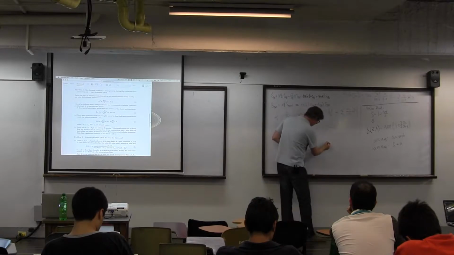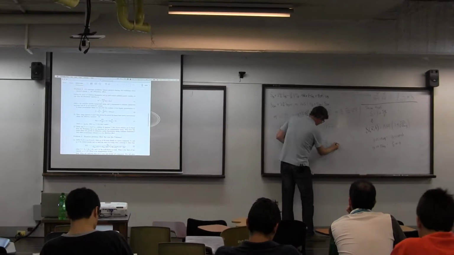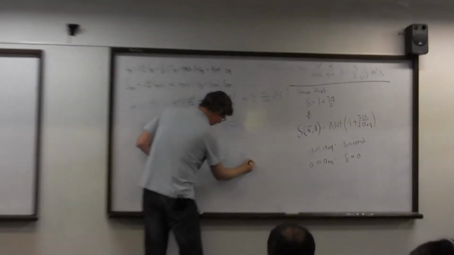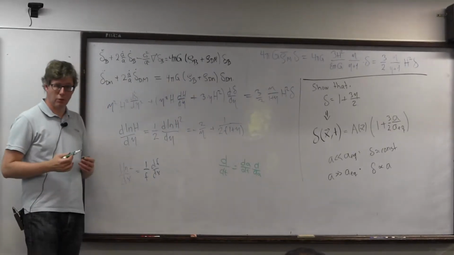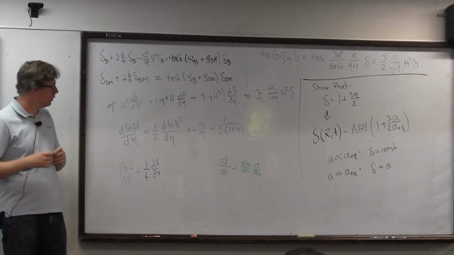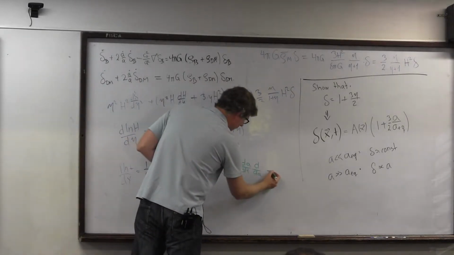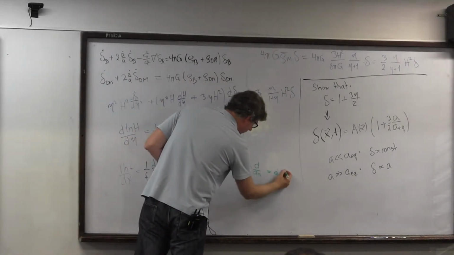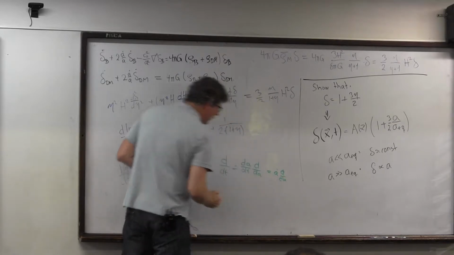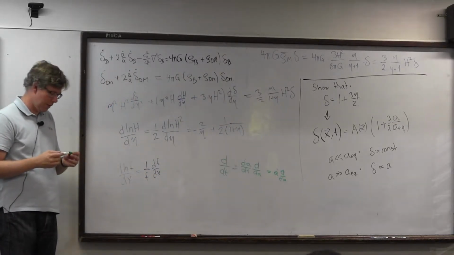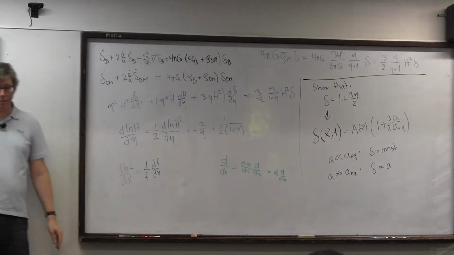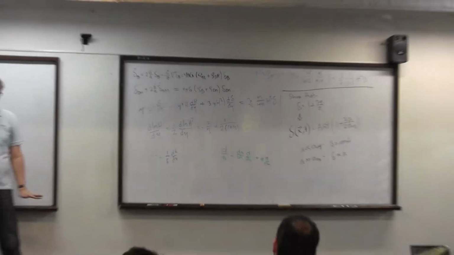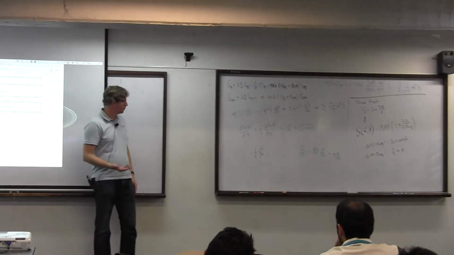So you have d/dt, and then you might have to do dA/dt times d/dA, for instance, and so that's of course A dot d/dA. And you can do similar tricks with derivatives with respect to redshift, etc. So that's a method of simplifying and rewriting equations, which is very useful.